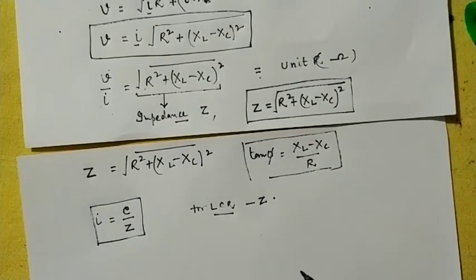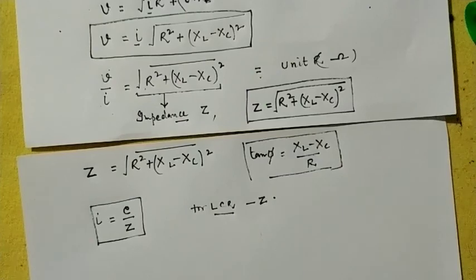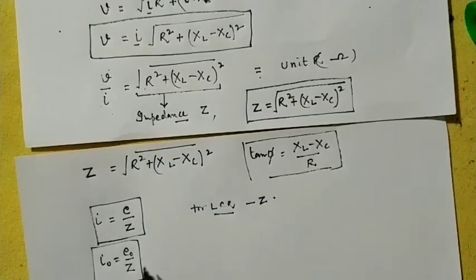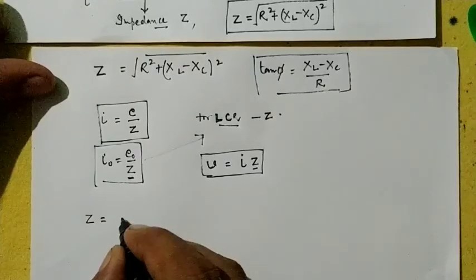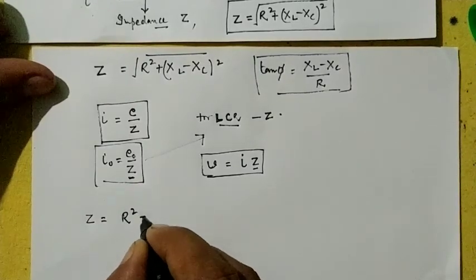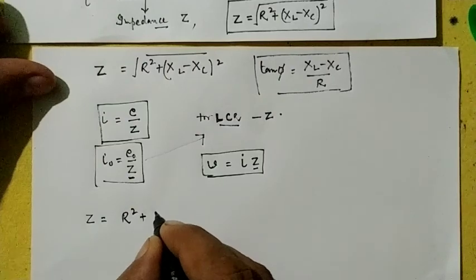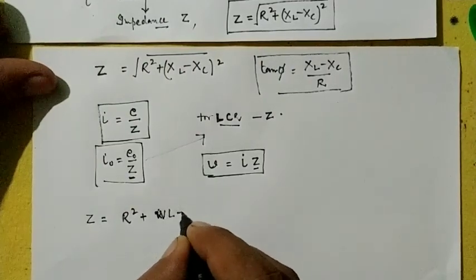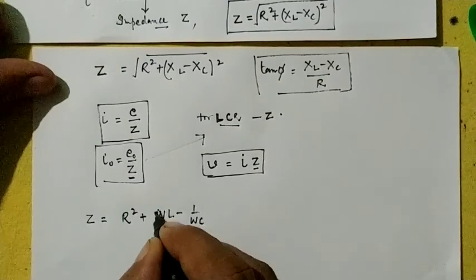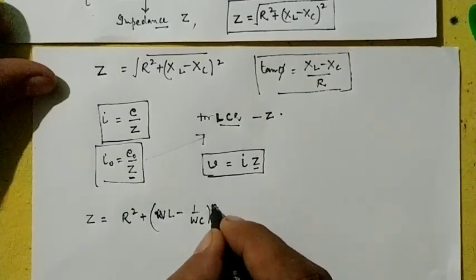If you want to calculate the peak value, I naught is equal to E naught divided by the same impedance for this LCR circuit, which is the square root of R square plus omega L minus 1 upon omega C whole square.